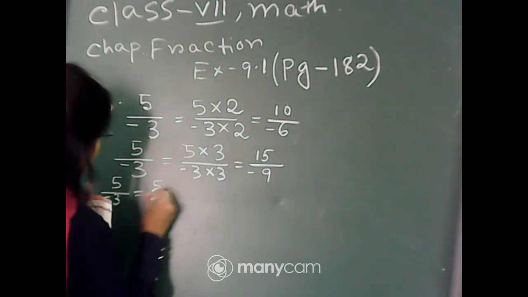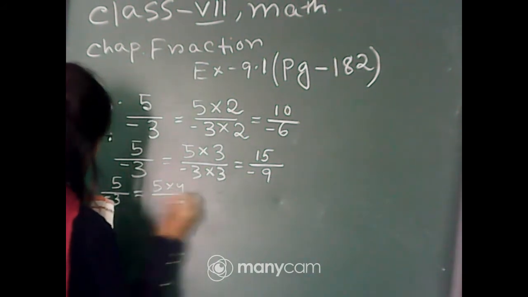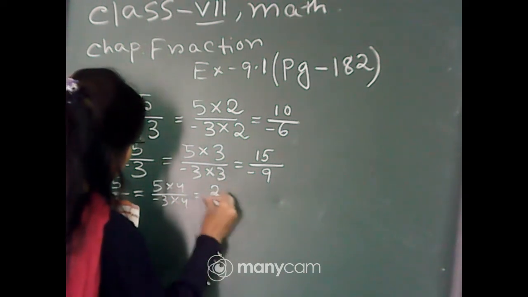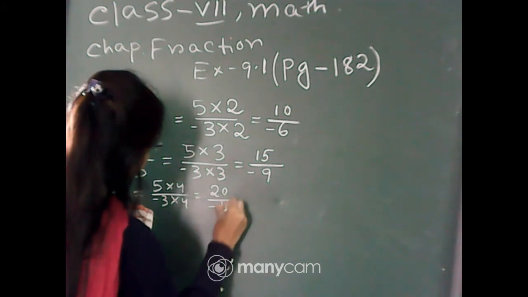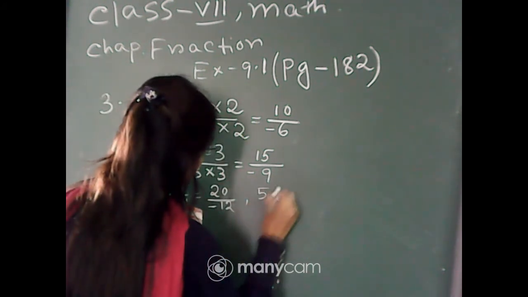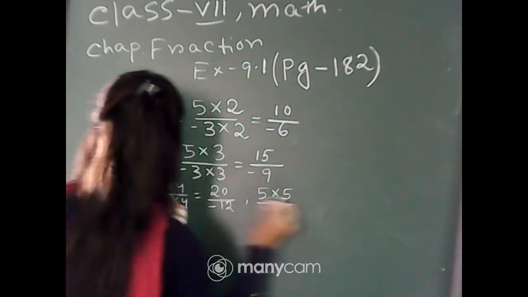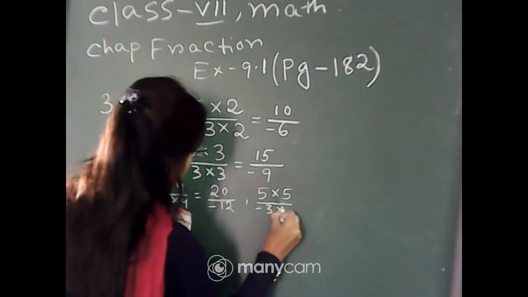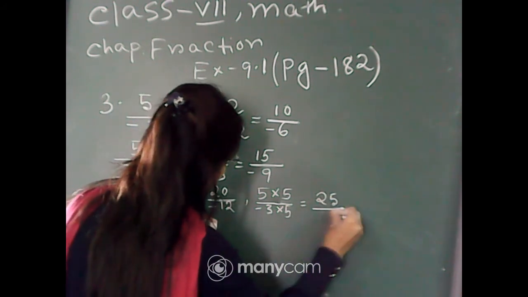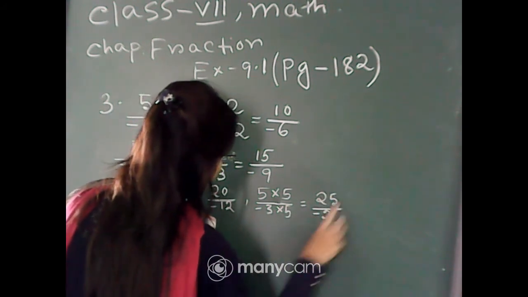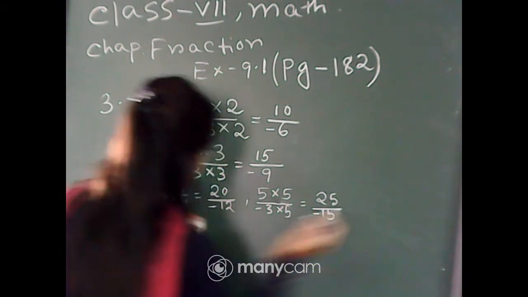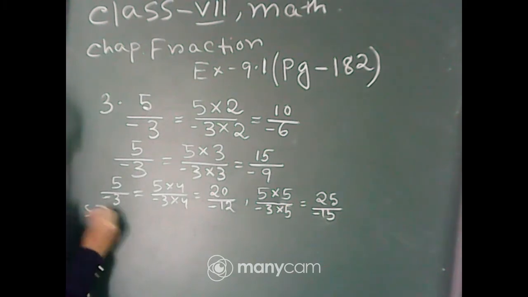Next we multiply both the numerator and the denominator by 4, and we get 20 divided by minus 12, and finally we multiply both the numerator and the denominator by 5, and we get 25 divided by minus 15.